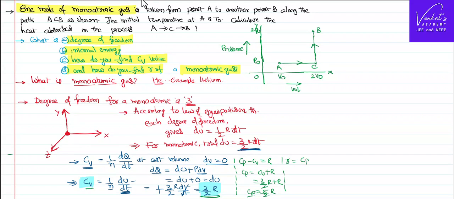I know gamma is the ratio of specific heats, Cp by Cv. That is 5 by 2 times R by 3 by 2 times R, which is equal to 5 by 3. I want to tell you that to solve this problem, having knowledge up to here is sufficient.